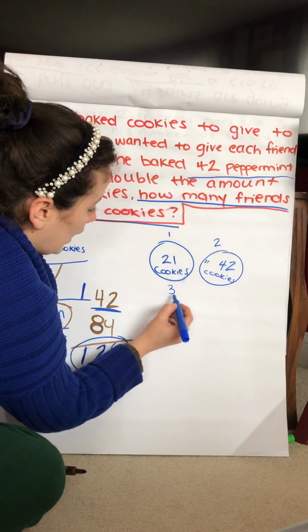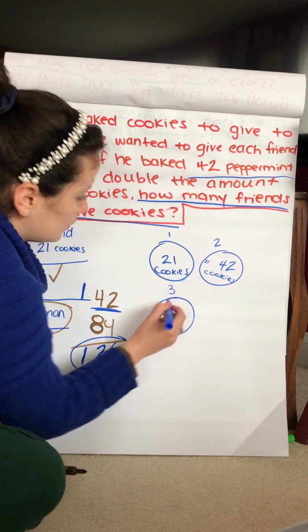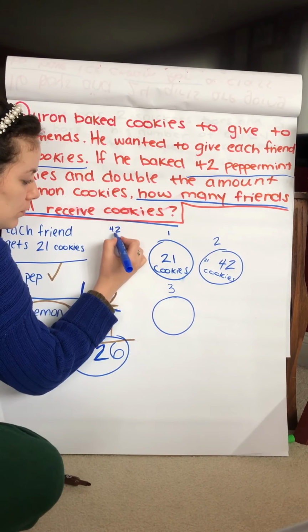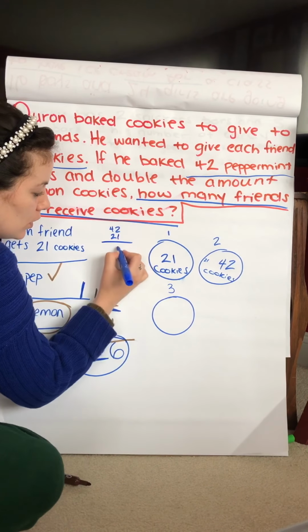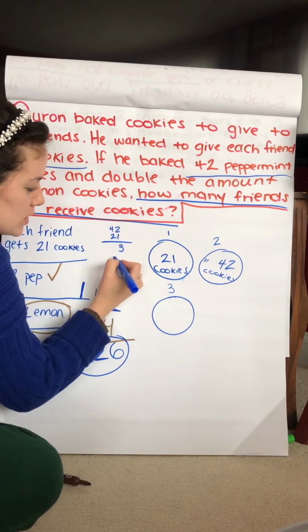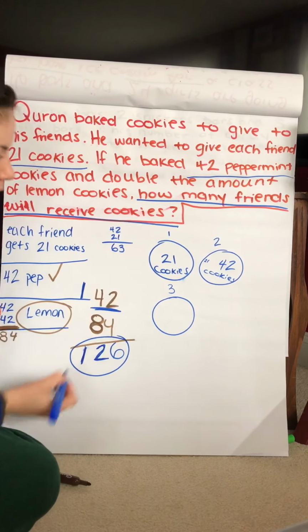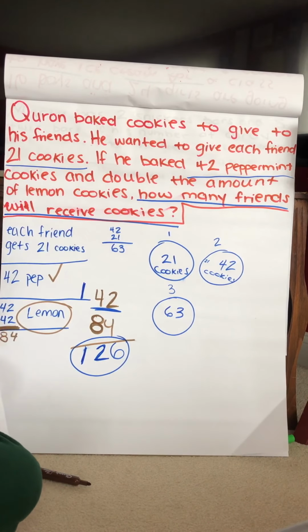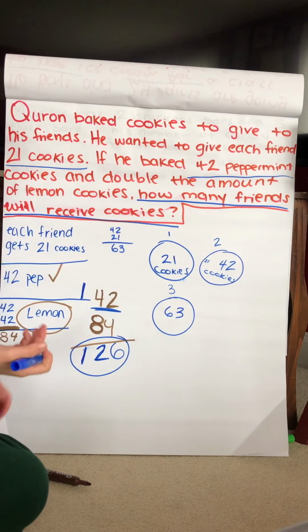If we give away another 21, we would be doing 42 plus 21. 2 plus 1 is 3. 4 plus 2 is 6. 63. We have to ask ourselves, have we passed 126 yet?